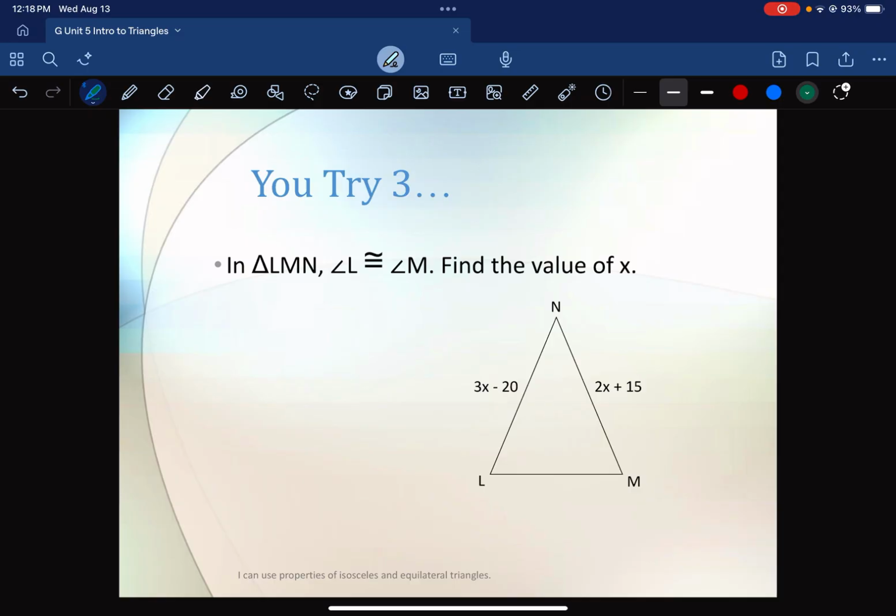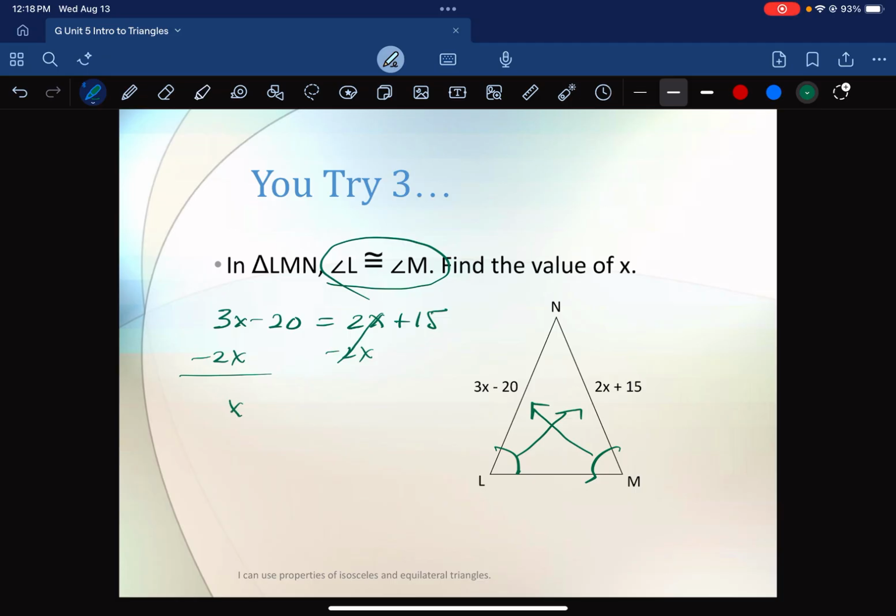All right, hopefully you paused the video and tried that. Sometimes you're going to be given the information and you should probably mark it in the drawing like this. Now I know that across from these two congruent angles, I'm going to find a pair of congruent sides, which means they are equal. So 3x minus 20 must be equal to 2x plus 15, and I'm going to subtract 2x, and that's going to give me x.